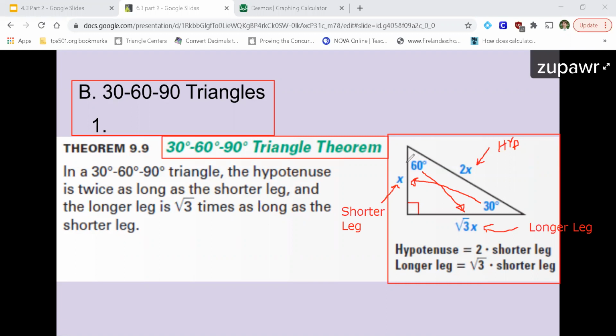So the larger angle, the side opposite that larger angle will be the larger side as well. Because again, it opens wider, so in fact it opens twice as wide. So it is definitely going to be bigger than the other one.